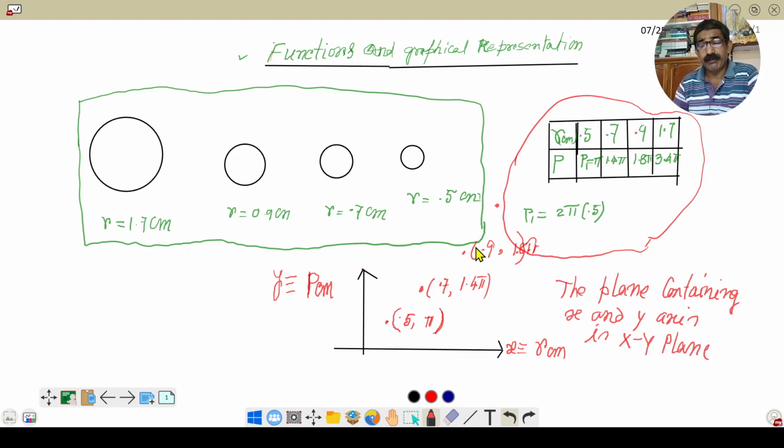So in this xy plane, we will get four discrete or scattered points P1, P2, P3 and P4.